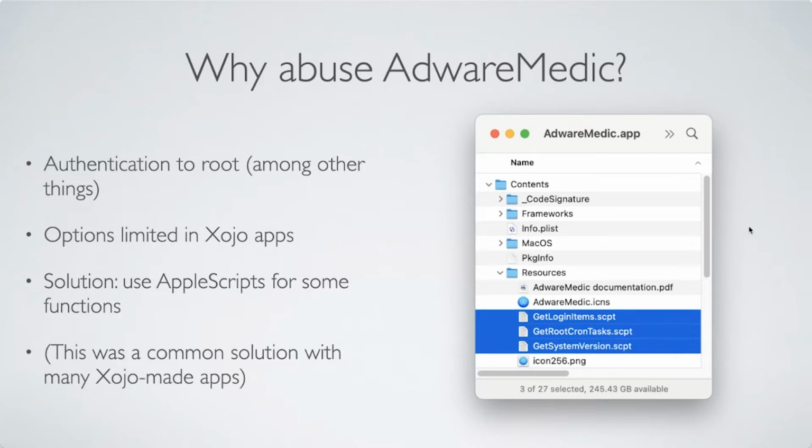In RealBasic apps, that sort of thing, as well as a variety of other things, really are fairly limited. There's not a lot that you can do with native code to authenticate to root, or at least there wasn't at the time. I haven't looked at RealBasic in years, so maybe something's changed. But at the time, the solution for things like this was to actually bundle AppleScripts inside of your app and use those for some of these functions.